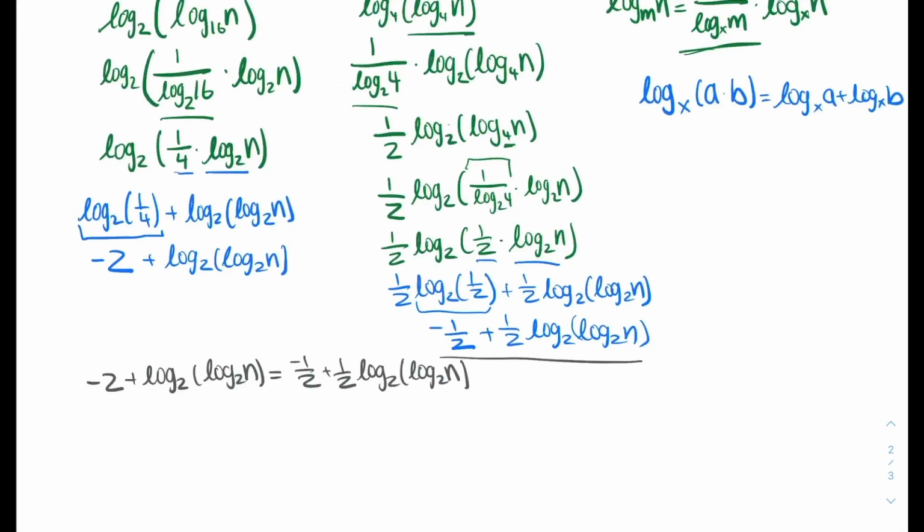Right? So one thing we might notice here is we have some like terms. We have a negative 2 here, and we have a negative half here. So let's just add 2 to both sides. Now we have log base 2 of log base 2n equals 3/2 plus half log base 2 of log base 2n. Another thing we notice as a like term is that log base 2 of log base 2n is here, and there's also log base 2 of log base 2n here.